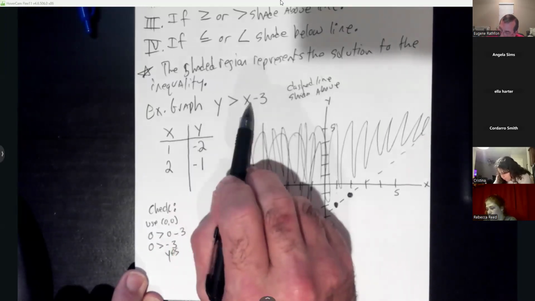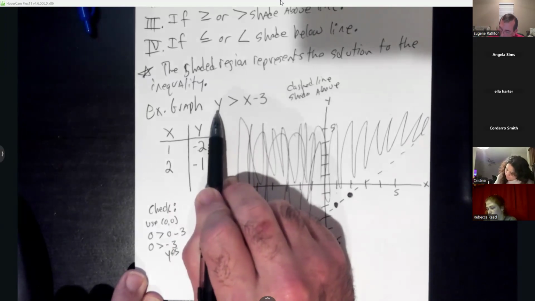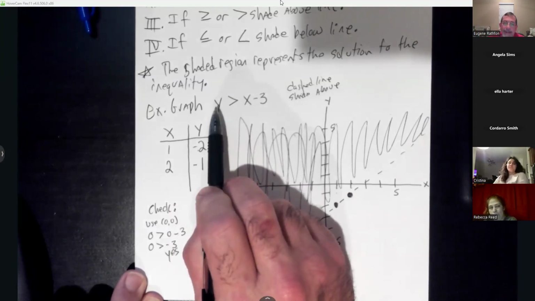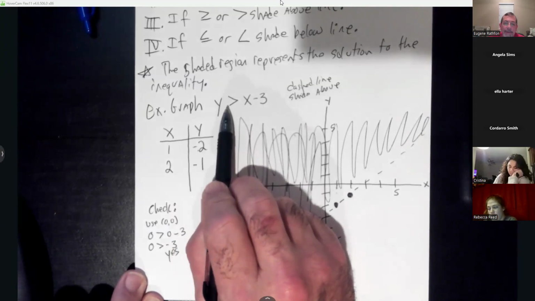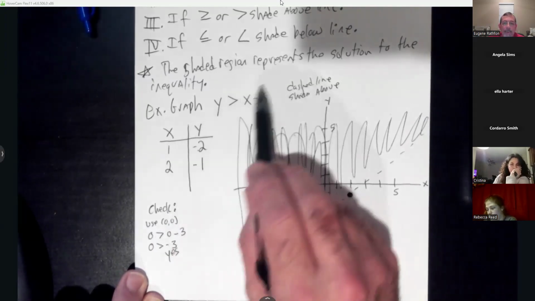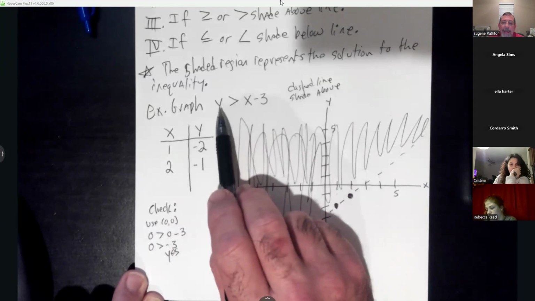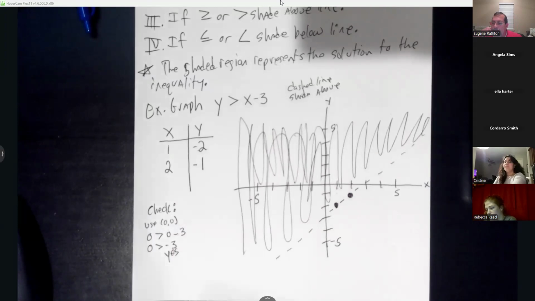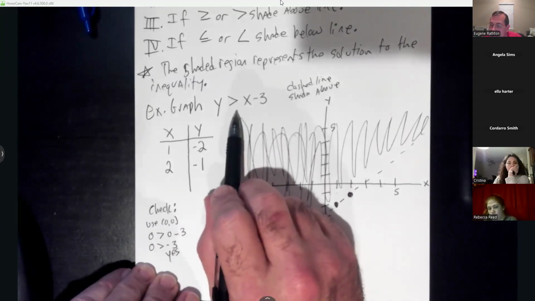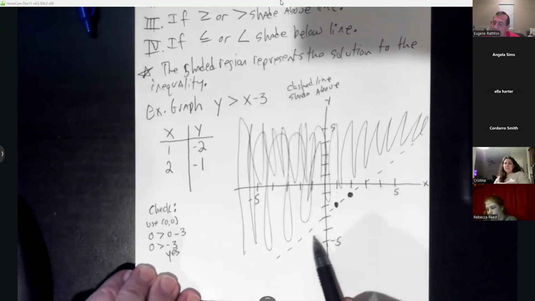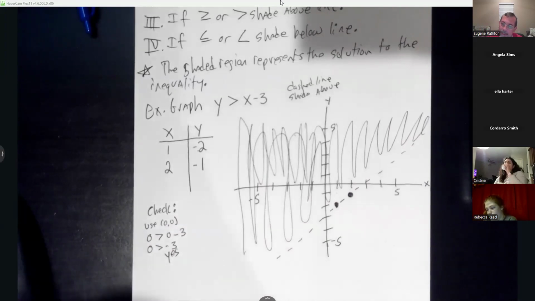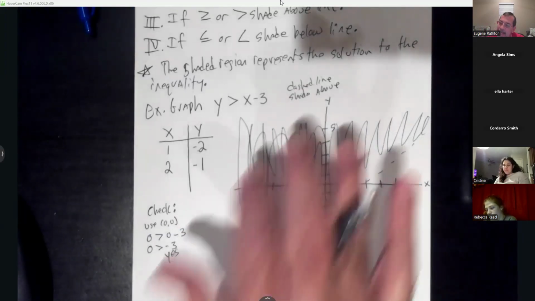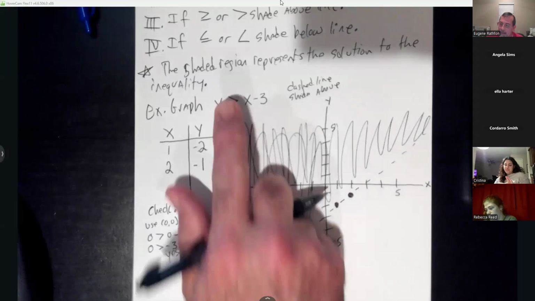If you put a 1 in for the x and a negative 2 for the y, 1 minus 3 would give you negative 2 greater than negative 2. Well, negative 2 ain't greater than negative 2. Negative 2 equals negative 2. But y'all, we don't have an equals on that. So that's why that dashed line does not represent the solution. Only the shaded area when we don't have an equals under there, okay?